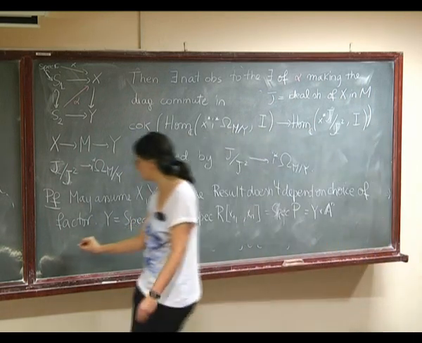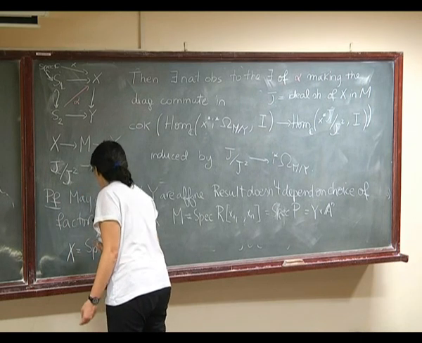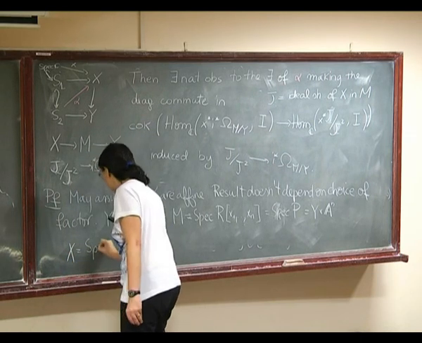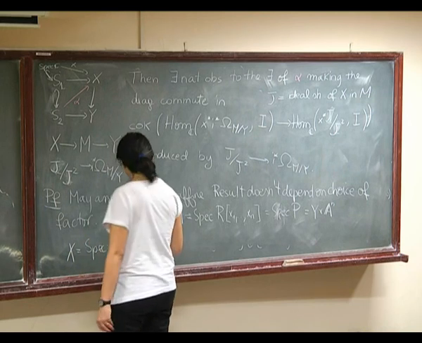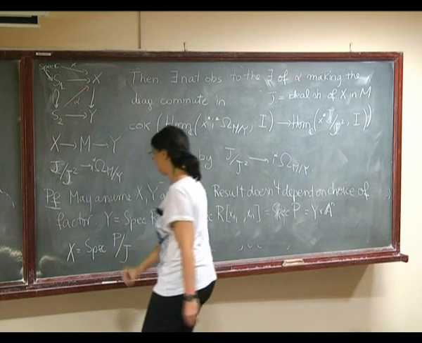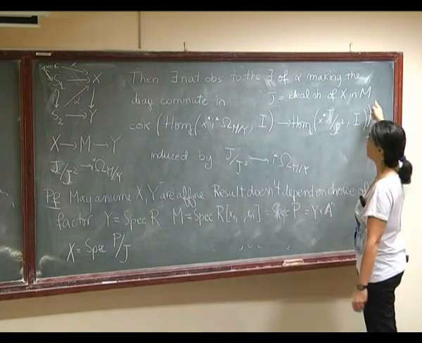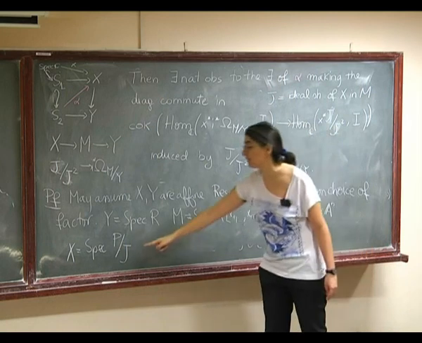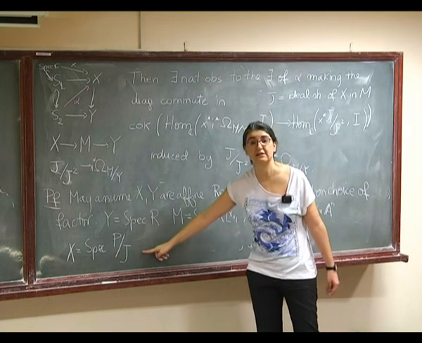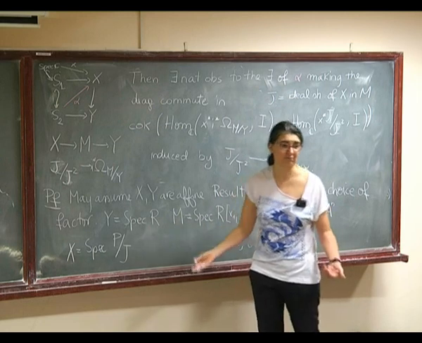And then I assume that X is of course given by Spec P modulo J. Again, before I had that it was an ideal sheaf, but now since we are in an affine context, I use the same letter to denote the corresponding ideal.